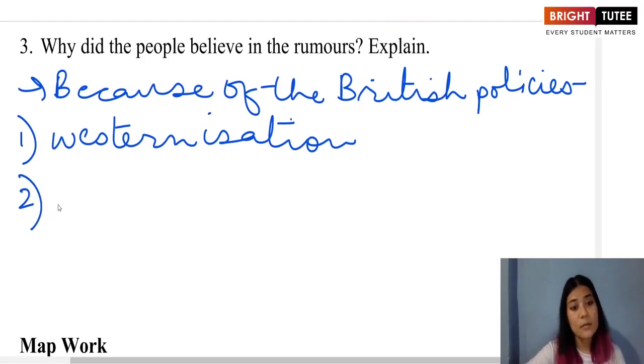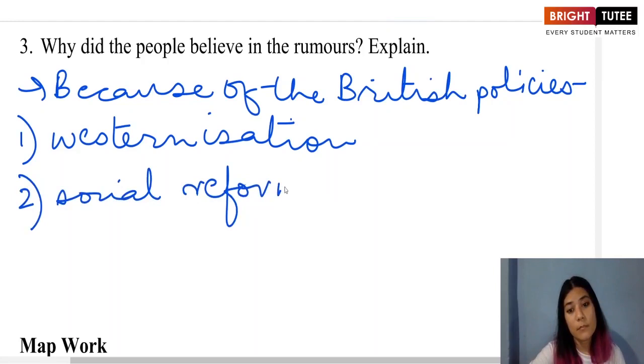Second is social reform. Now, the British also, by introducing social reforms, tried to get rid of some of the evils of the society, which they considered evils. Like, for example, the practice of sati, right? The ban of child remarriage.